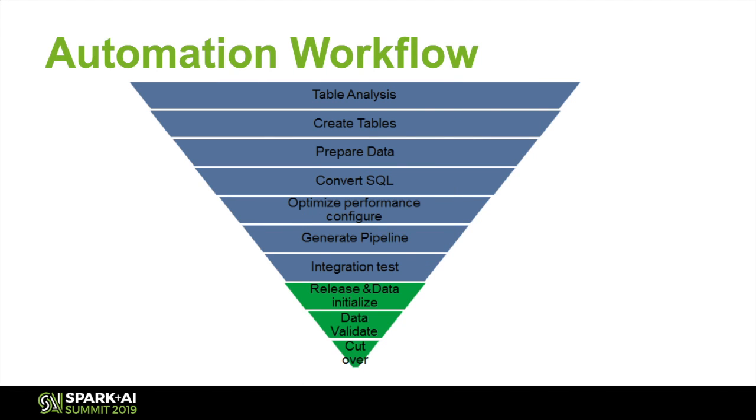The auto migration workflow is basically the same as manual migration, but the auto migration strategy is different. For manual migration, domain owners could do the migration case by case and prioritize the tables based on their own needs.